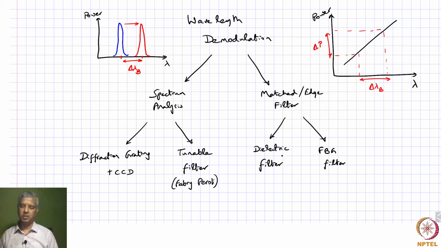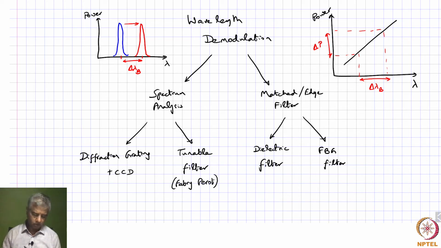This as well as the fiber Bragg grating. That is what is giving you this wavelength discrimination capability. Essentially, a typical interferometer would convert this wavelength to changes in intensity, and that is what we are talking about as far as wavelength demodulation is concerned. So, let us go into a little more detail about each one of these principles, and then try to understand the pros and cons of each of these approaches.